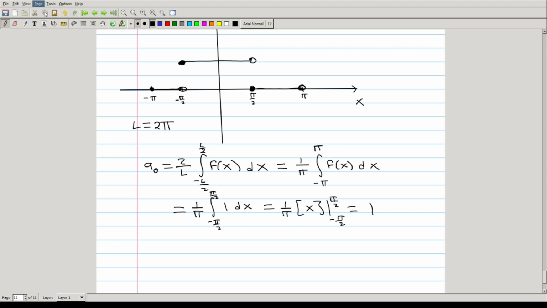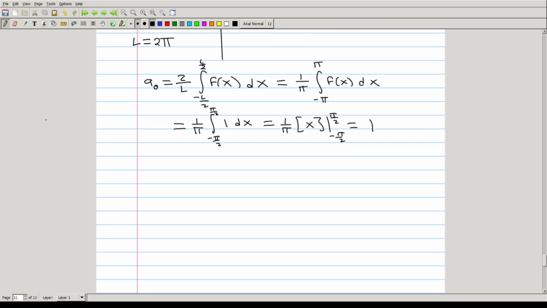And similarly for an and bn, an will end up giving you the integral, 1 over pi, integral from negative pi over 2 to positive pi over 2 of cosine of nx dx.